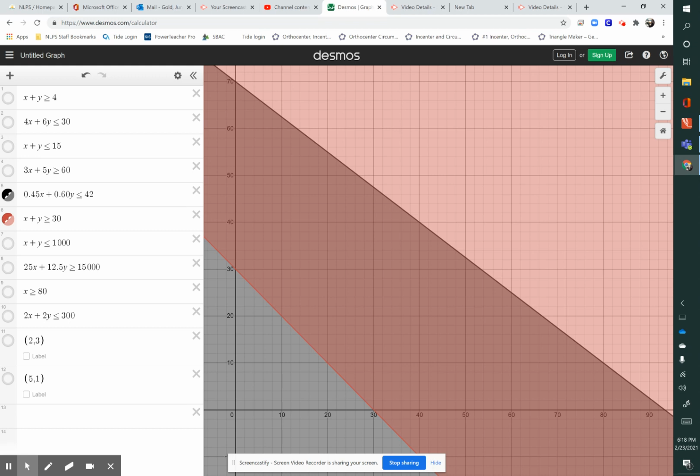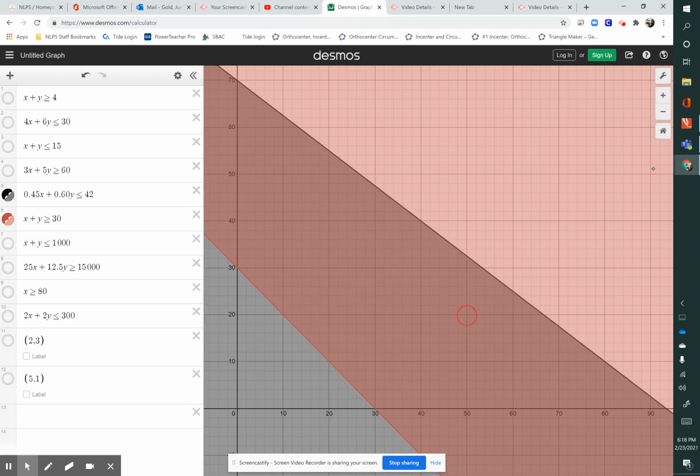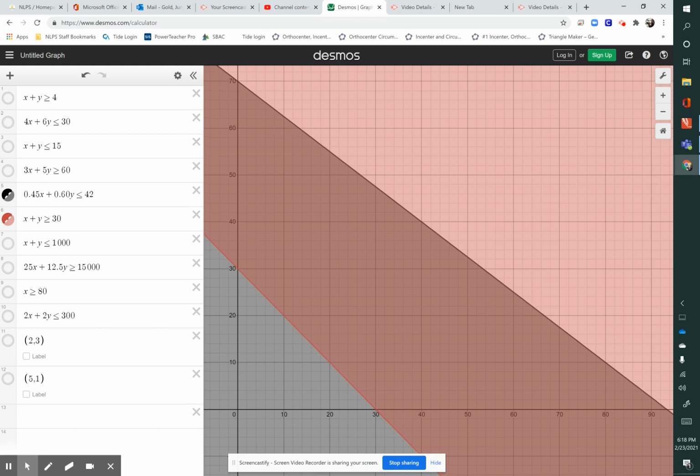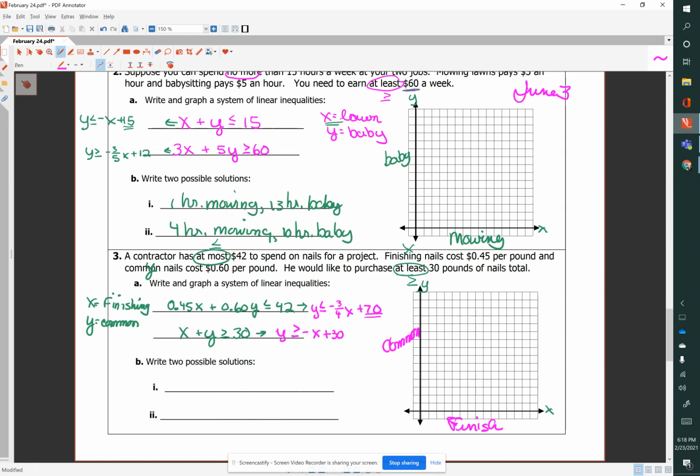So we could have, let's say, 50 pounds of finishing nails and 20 pounds of common nails. We could have 10 pounds of finishing nails and 60 pounds of common nails, or any other combination in between would fit the parameters that this person has set up to do their shopping.